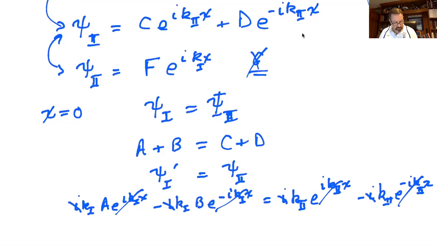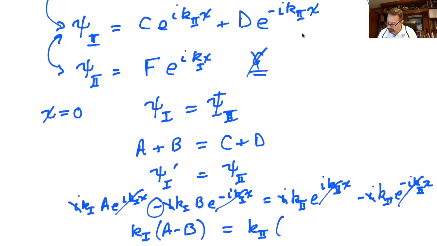I think this tells me that K1, which remember was the square root of 2m times the total energy over h bar squared, times the difference in A and B, just a bunch of constants times the difference, is equal to K2 times the difference.